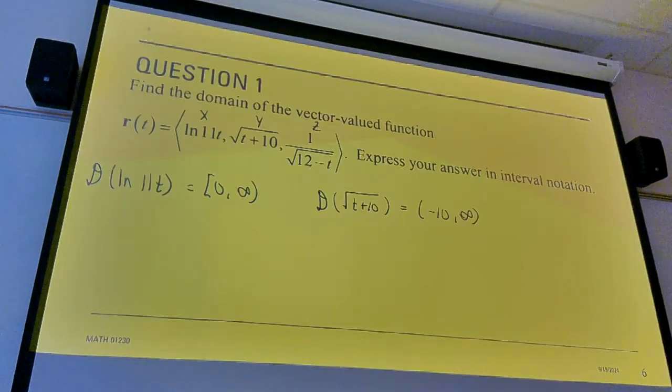Square root of 0. So you just contradicted yourself, by the way. You said it's open bracket at negative 10, and then said you can take the square root of 0. I forget which one is which. Oh, wait, the parentheses, you can't take that.